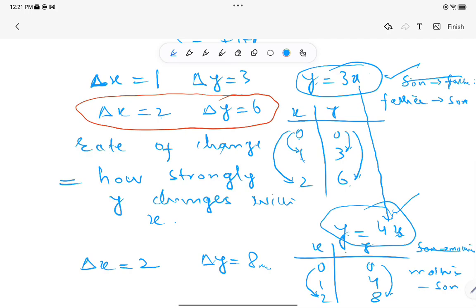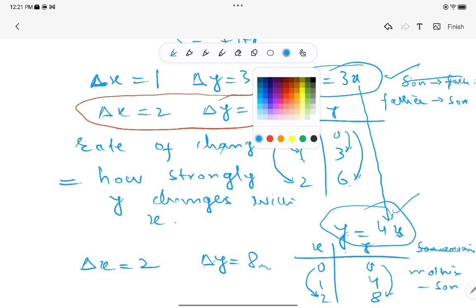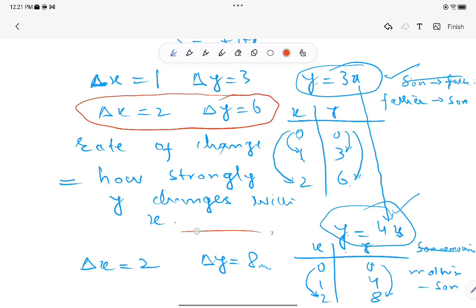But one thing that you must have now noted is that for you to decide which of the relations is stronger, you have to take equal change in x and then compare. By how much amount do we let x change here and here? In my example, I let x change by 2 units, but you could change that.